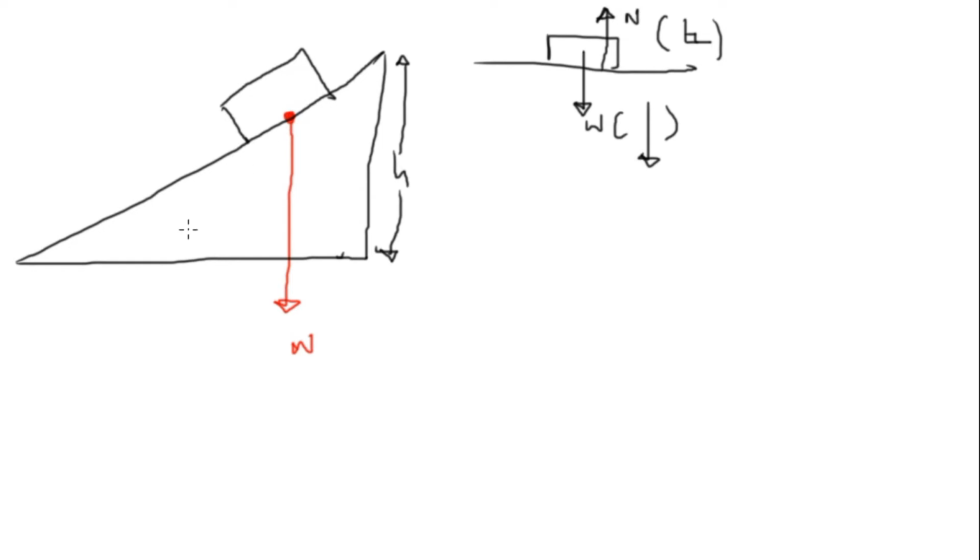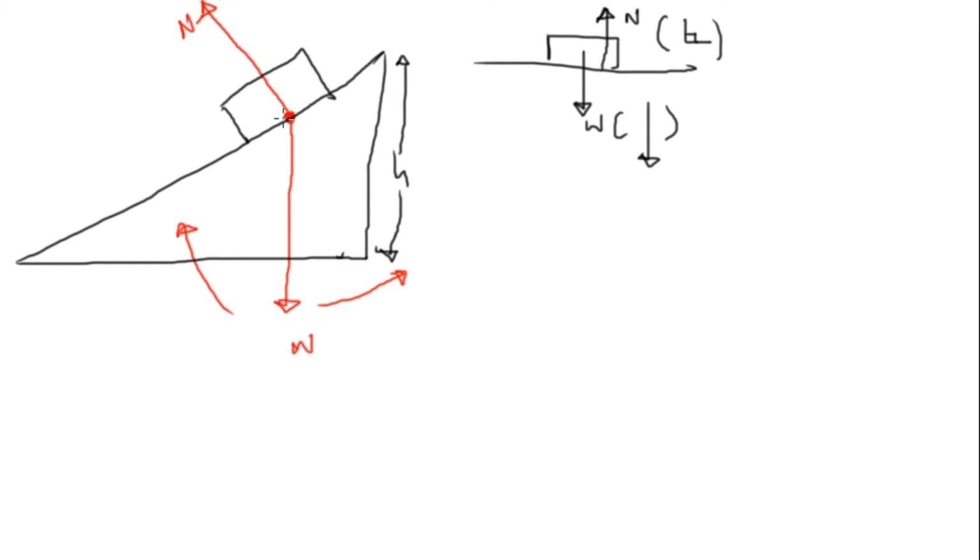Now in this case, the normal force will be perpendicular to the surface and it will not occur vertically upwards in this direction. It will be perpendicular in this manner to the surface in contact. Notice that this weight can be resolved into its horizontal component and its vertical component.